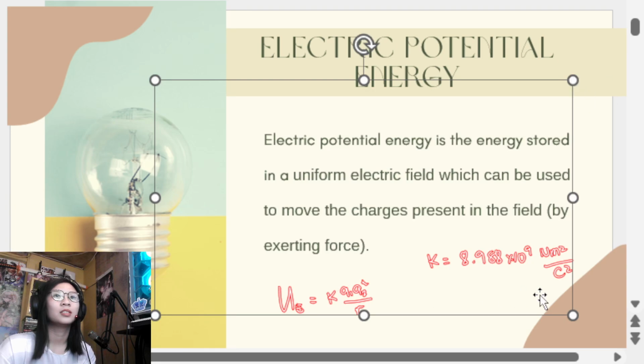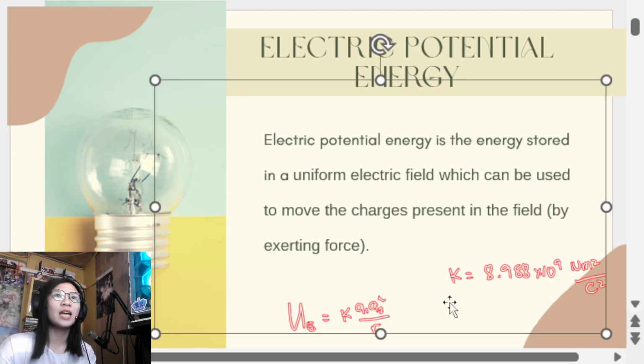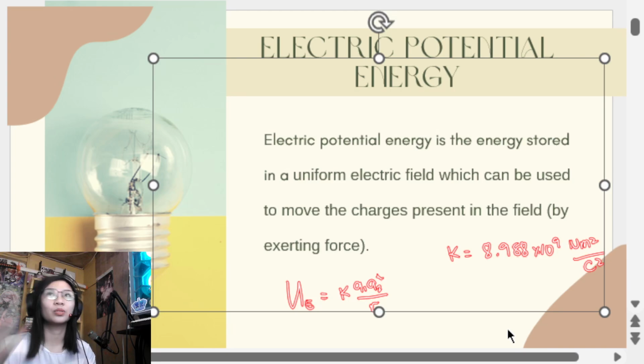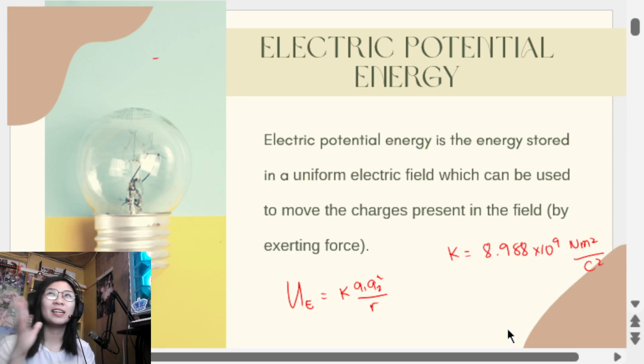Okay, so electric potential energy has its own formula. Potential energy has the symbol big U. Since we already have potential energy in mechanical energy, we put UE, so we note that this is an electric potential energy.